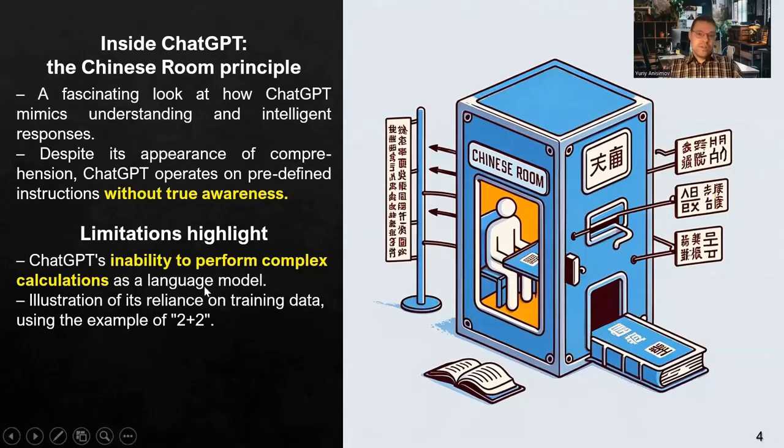Also, one important limitation is that ChatGPT does not know how to count. ChatGPT cannot make complex calculations. However, if you ask something simple like 2 plus 2, of course ChatGPT will give the correct answer, 4. Why? Because it was trained on it, and it just knows that 2 plus 2 is 4.